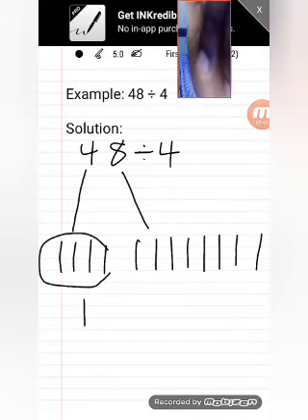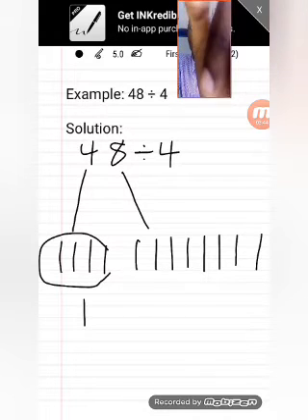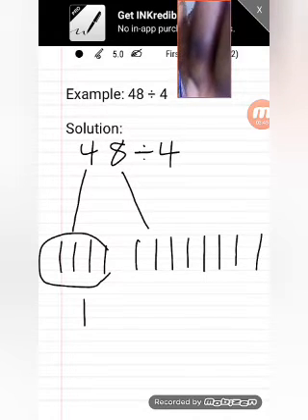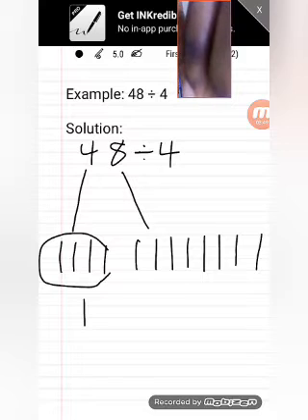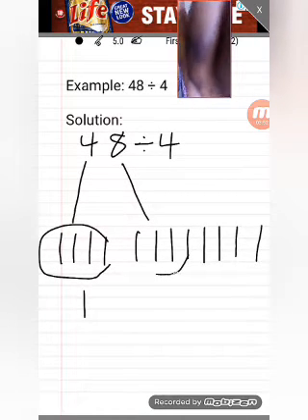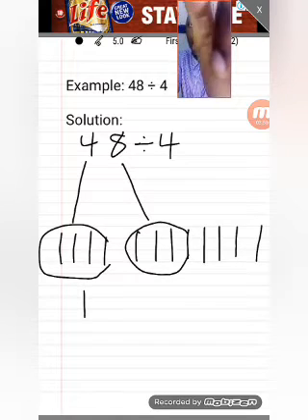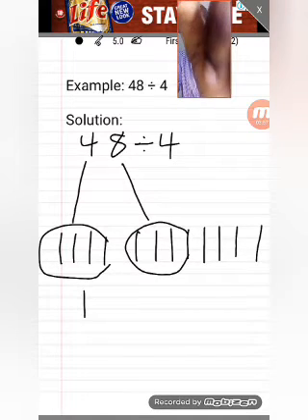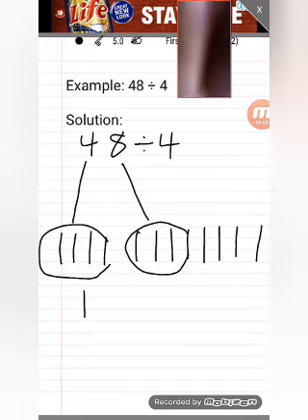Now I want to divide the 8 at the unit position by the 4 we are still using to divide the whole number. Let's count: 1, 2, 3, 4, the first group, and we can write it there. Remember, this group of the 4 divided by 4 is just 1.